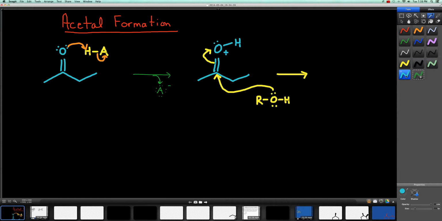And as I mentioned in class, this is going to leave us with what we classify as a tetrahedral intermediate. So we'll have OH, and of course, we will have OR. Now initially this hydrogen is still attached.